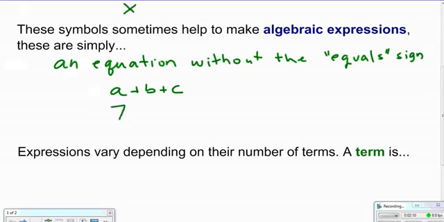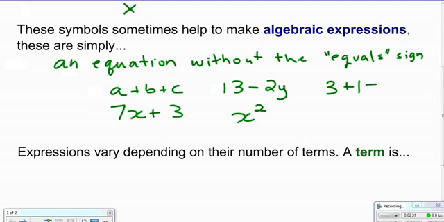Something like 7x plus 3 is an expression because there's no equal sign. 13 minus 2y is an expression because there is no equal sign. X squared is an expression because there is no equal sign. Now if we said something like this, 3 plus 1, that's an expression. However, if I go equals 4, it's no longer an expression because there is an equal sign. It's called an equation.